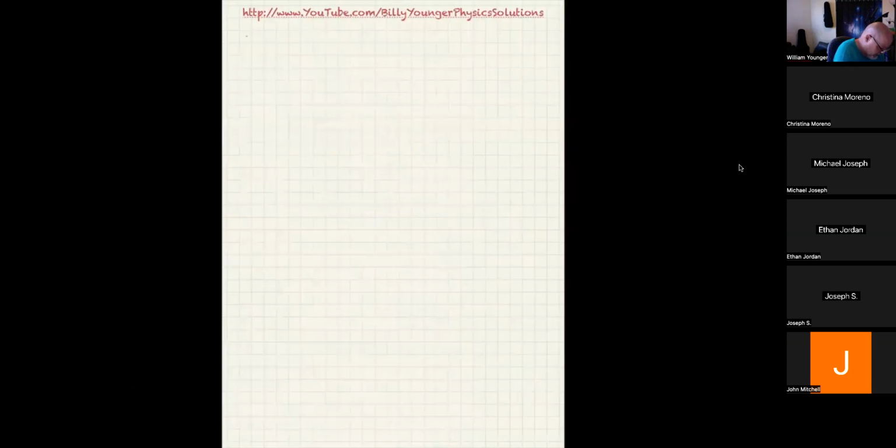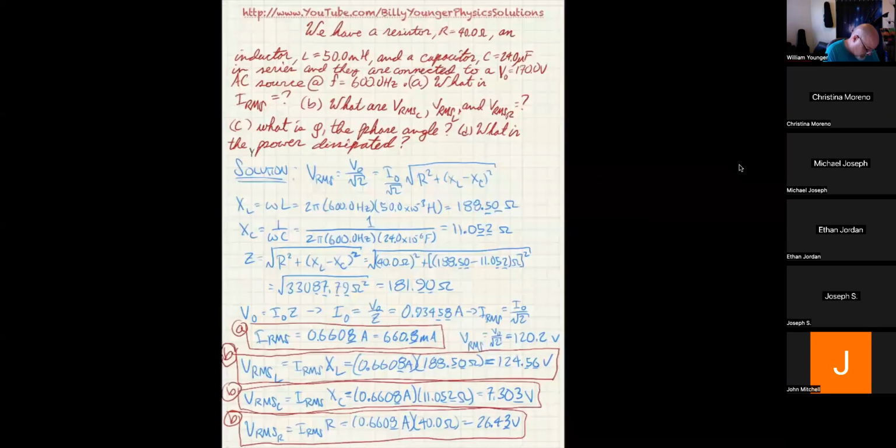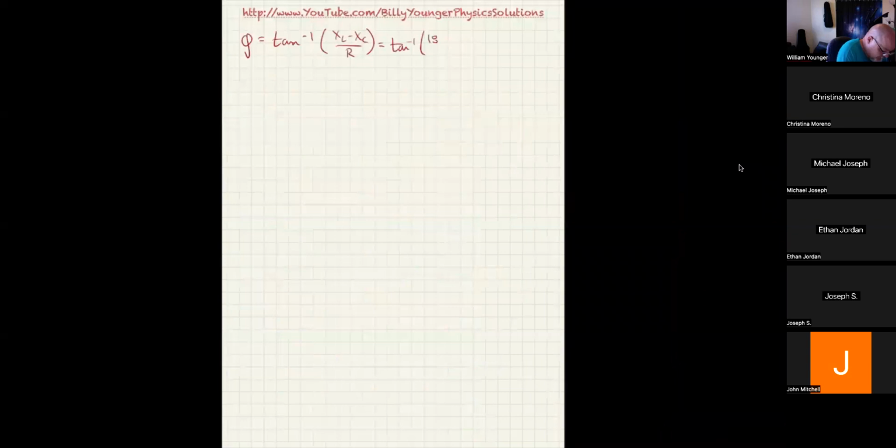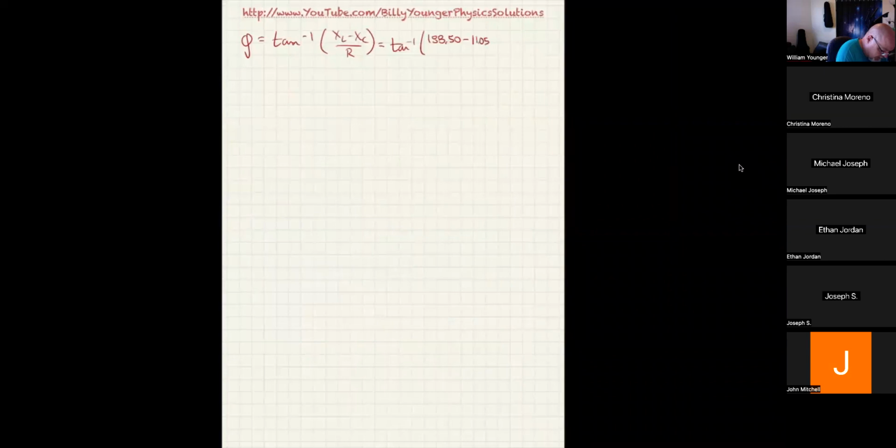So the phase angle, remember, phi, is the inverse tangent of XL minus XC over R. That is the inverse tangent of 188.50 minus 11.052, all divided by 40.0, and of course this is all in ohms.